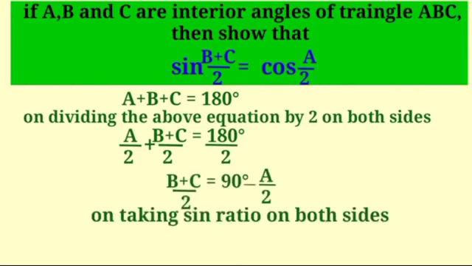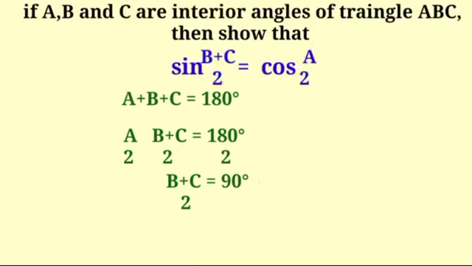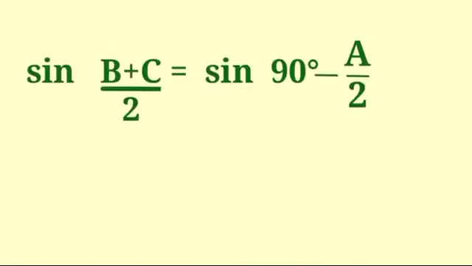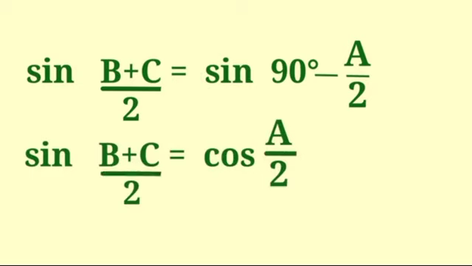On taking sine ratio on both sides, we get sin of (B plus C) by 2 equal to sin of (90 degrees minus A by 2). Here sin of (90 minus A by 2) equal to cos A by 2. So that sin of (B plus C) by 2 equal to cos A by 2.